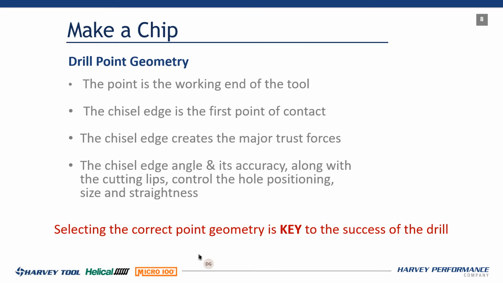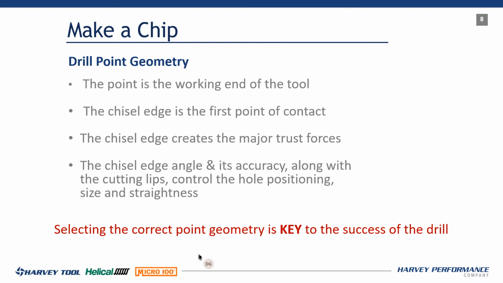Now, I want to preface this presentation and make sure everybody's aware that what we're going to teach today is not specific to different materials and different drill geometries. This is an understanding of how these tools work and how to use them. But when you start running up against different materials and different drills, some of these things might need to be tweaked and changed a little bit.